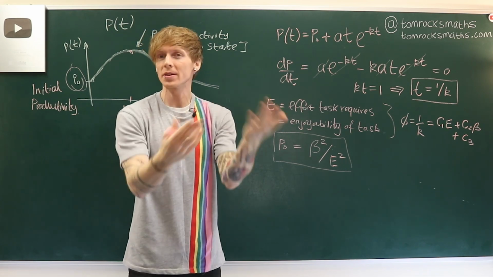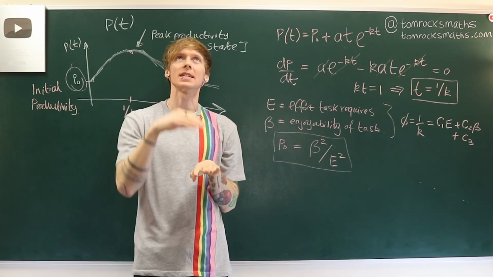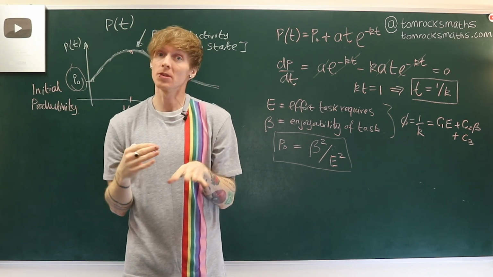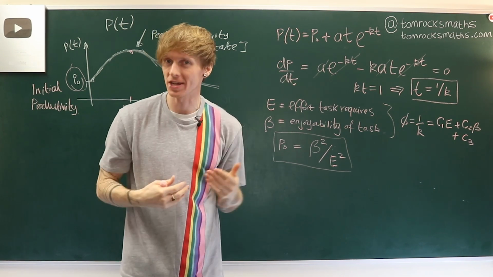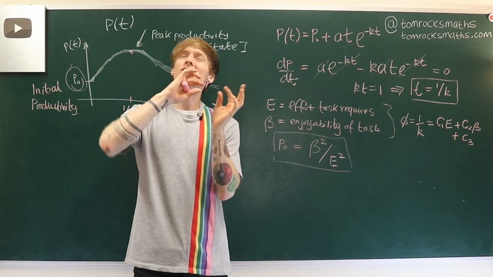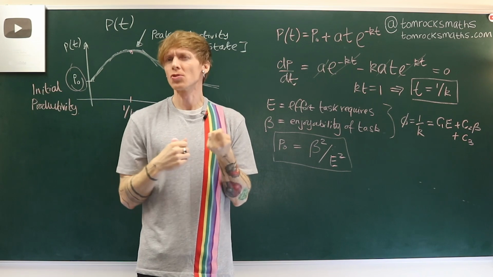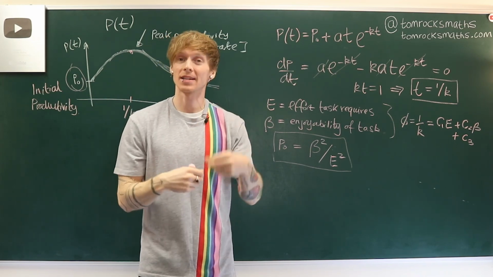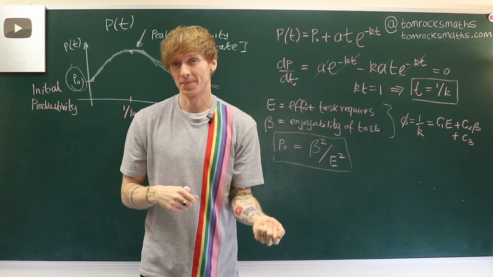If you enjoy doing the task, is your peak productivity higher or lower? Hopefully, you will agree with myself and Jahim, who modeled this, that it's usually higher. If you enjoy the task, you tend to be more productive at that particular task.